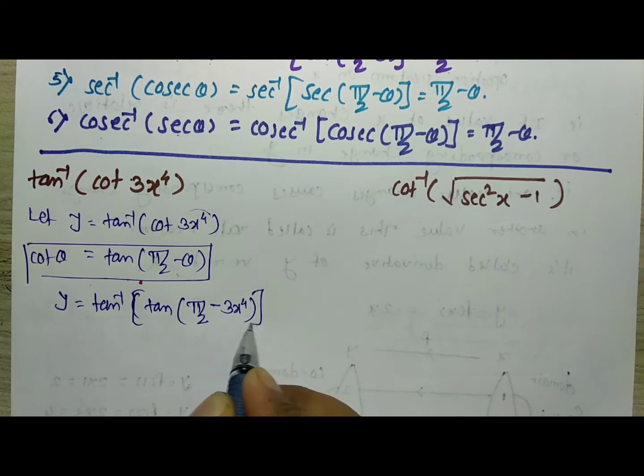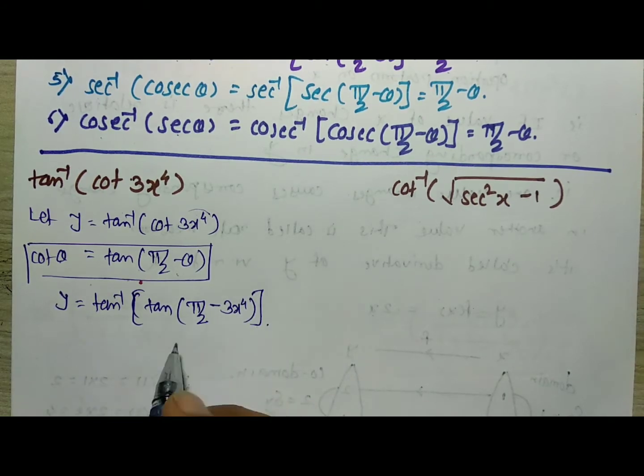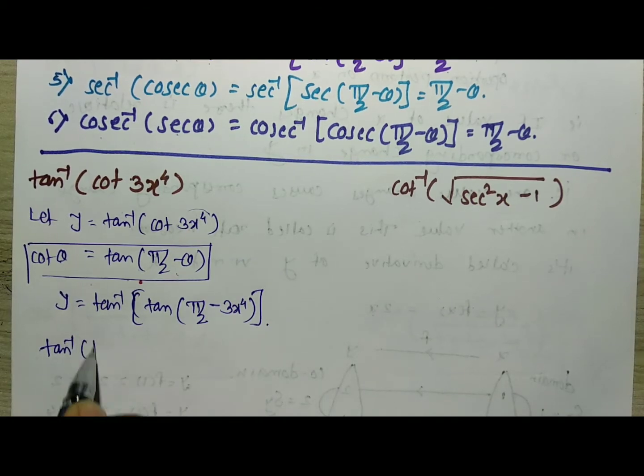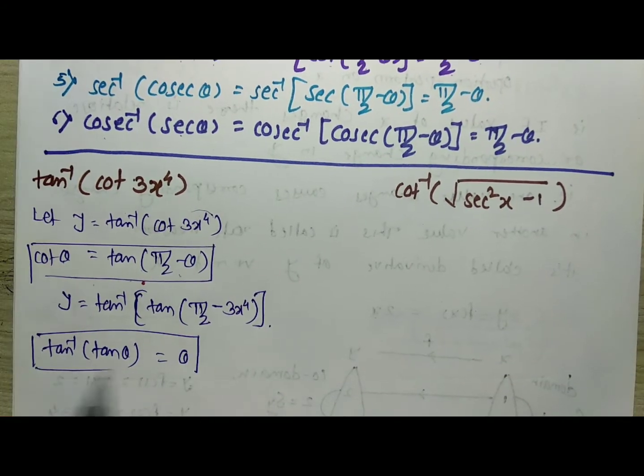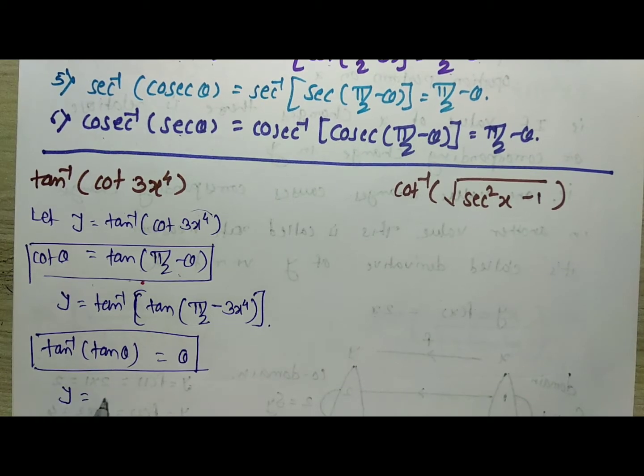Once again this is a theta. Right now we will use the formula tan inverse tan theta is equal to theta. By using this formula you get y is equal to pi by 2 minus 3x raised to 4.